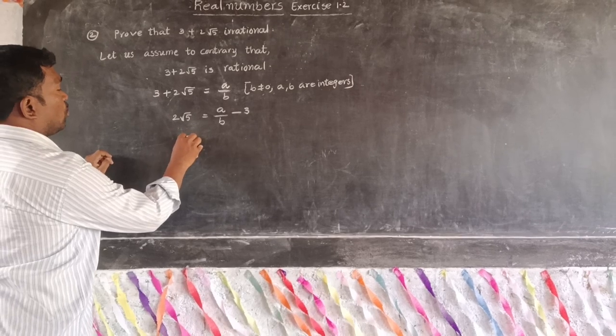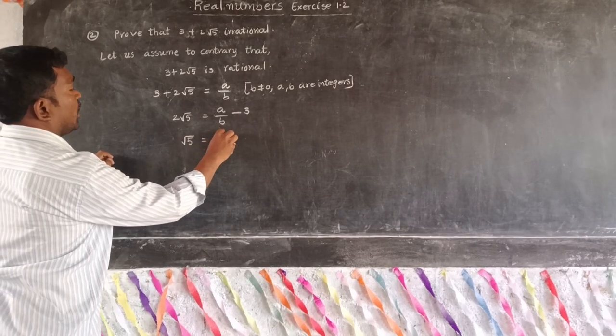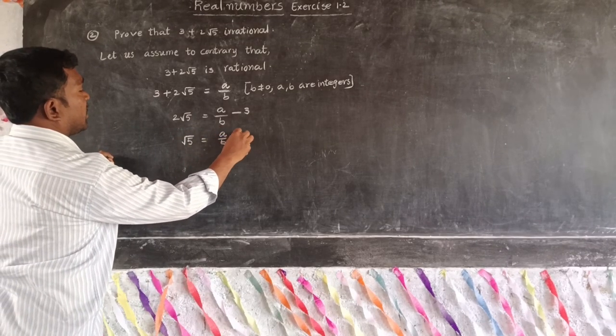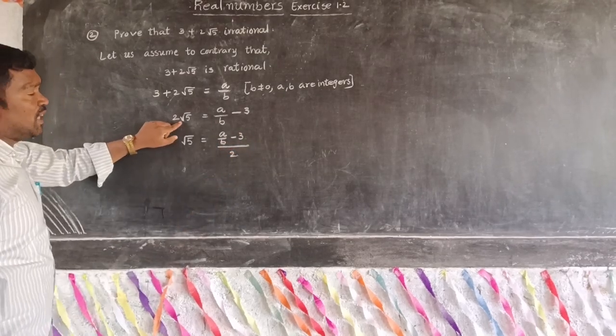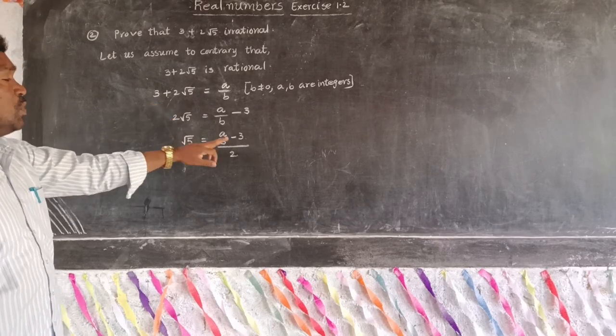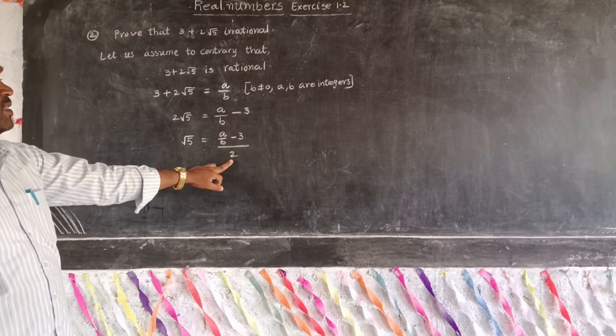Next, root 5 equals (a by b minus 3) whole by 2. Here 2 is multiplying root 5, so transposing to the RHS it divides.